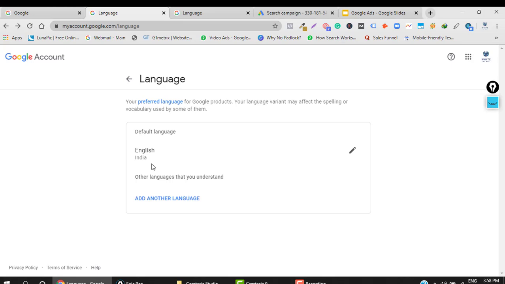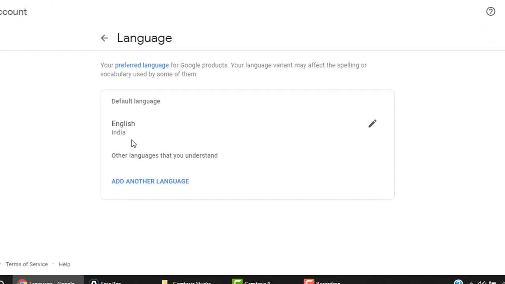So it is the language of Google interface that you target. It is not the language that they speak. It is the language that they have set at the interface of Google that you would actually target.